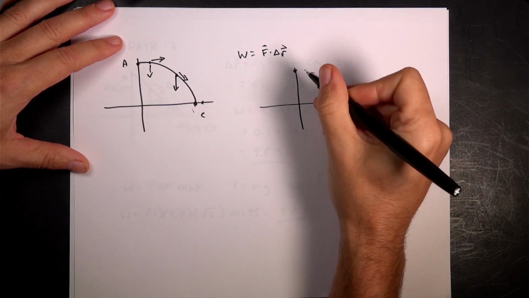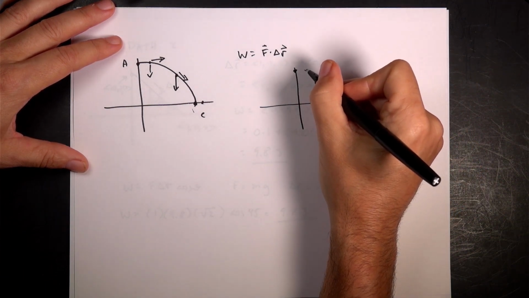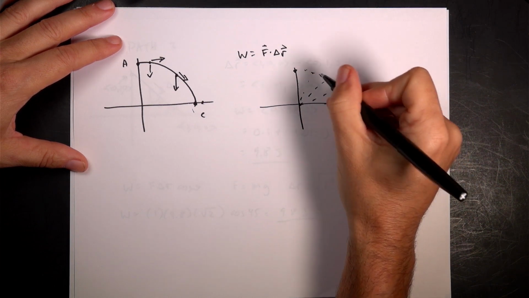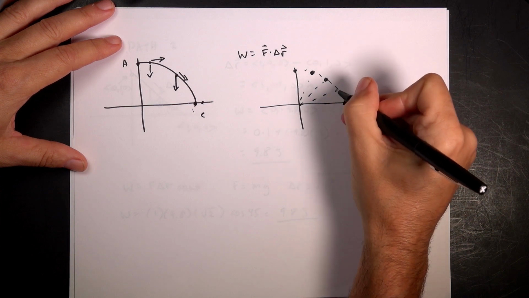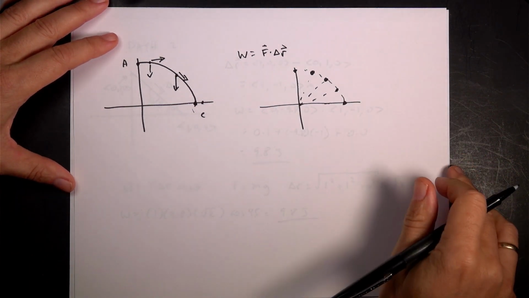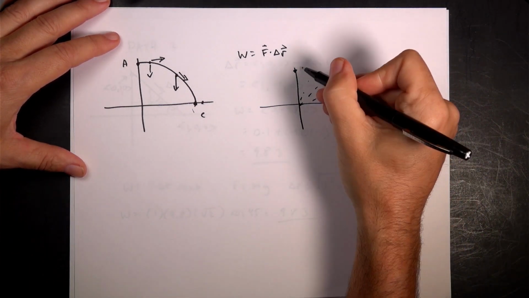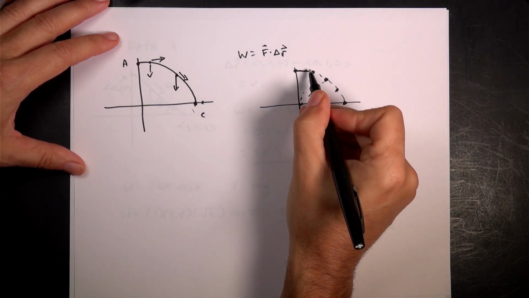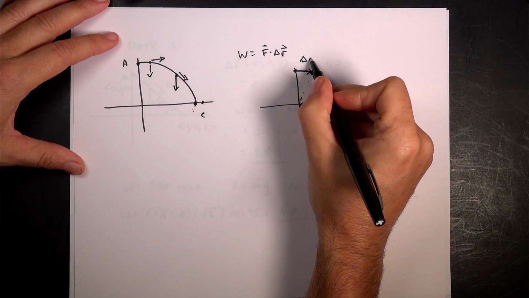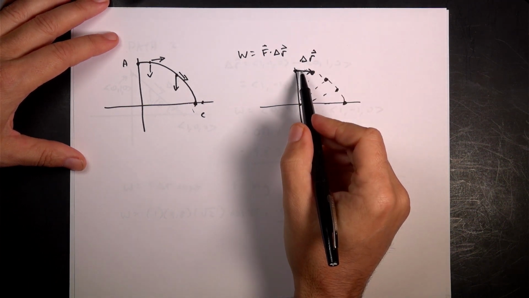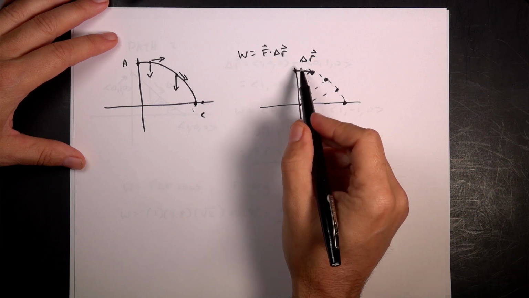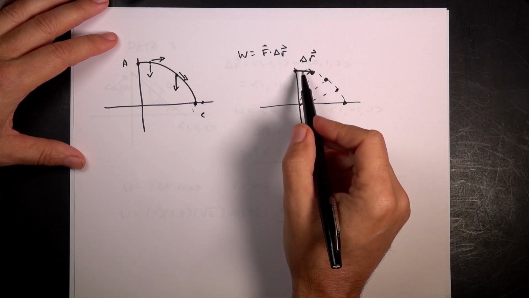And there's C. So what if I just broke this into steps, like this? This is a very few steps. If I break this into this piece, then I have delta r as that, and I can approximate delta r as constant along that path. And I can calculate just a little bit of work along that path, I'll call it dW.